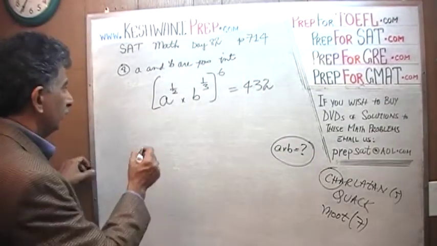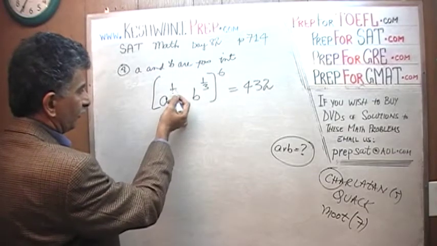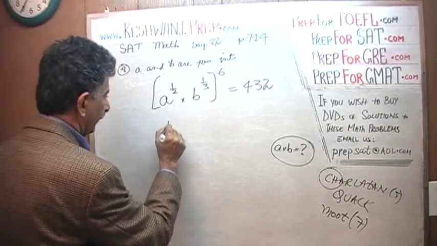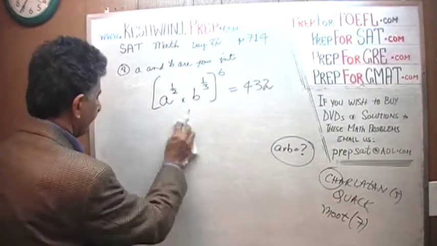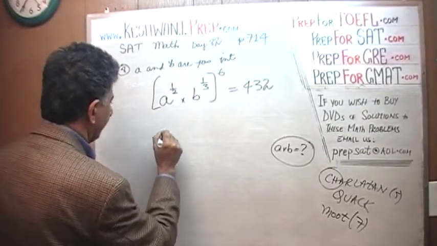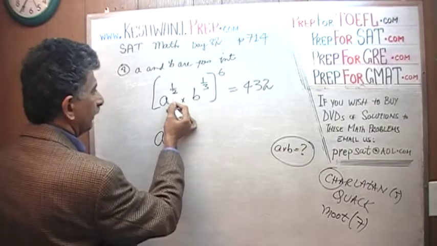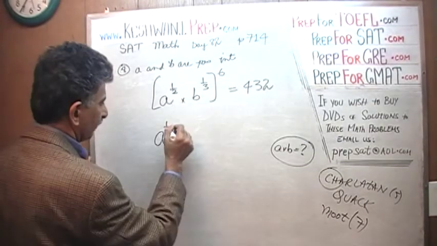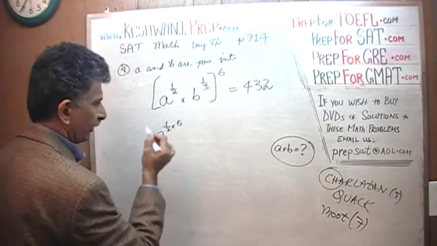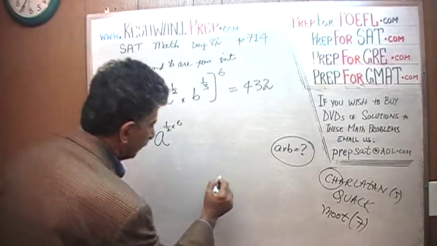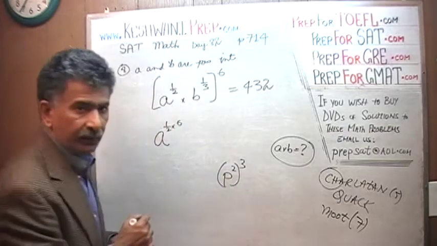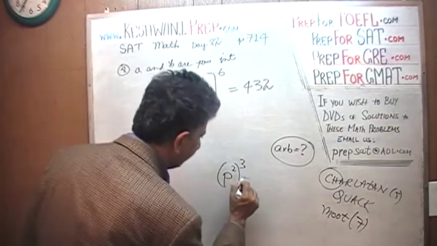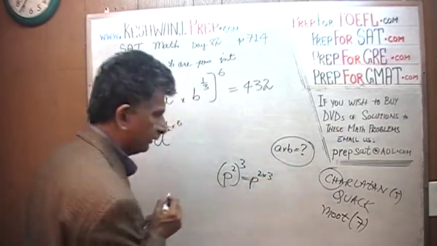Let's find out. A raised to 1/2, and that quantity is raised to 6, which can be written as A raised to 1/2 times 6, because when you have exponents, 2 squared raised to 3 is not 2 raised to 5, it is 2 raised to 2 times 3, of course.